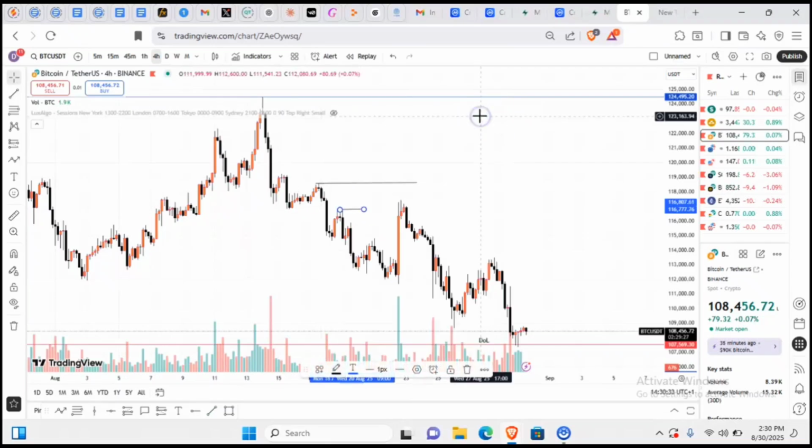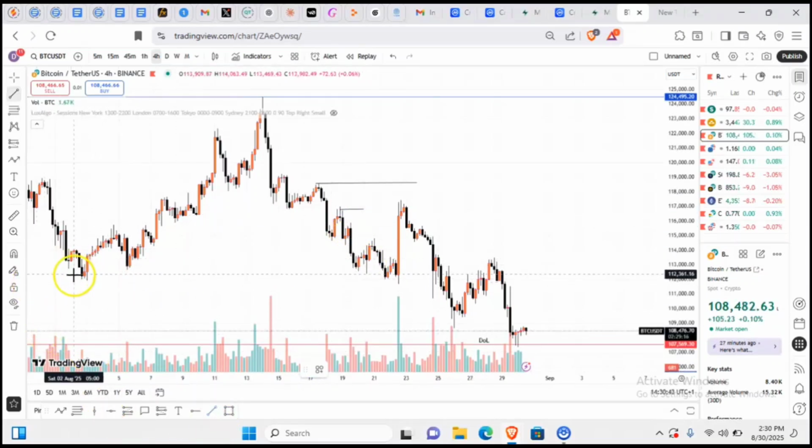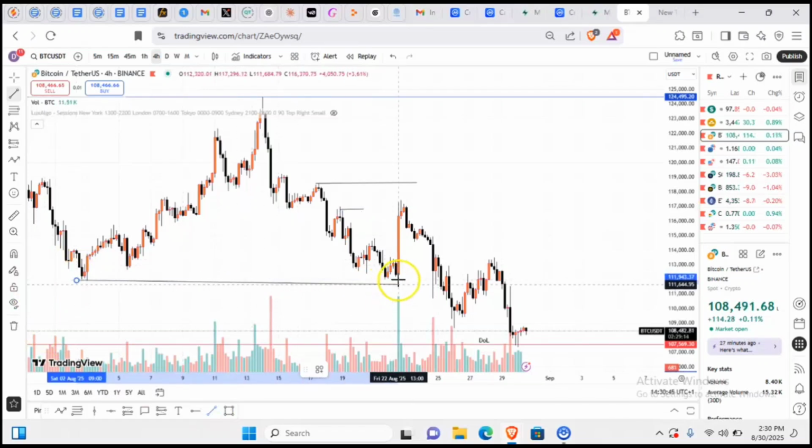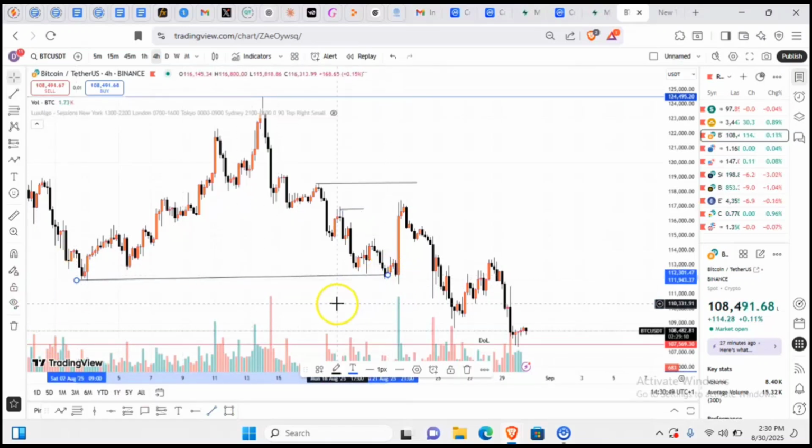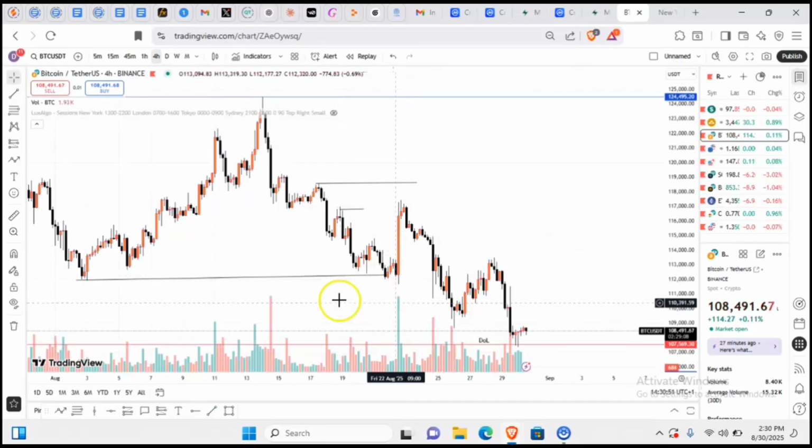But notice what happened. This is our inducement for this protected high. Price came down, got to this level. There's another equal low here. This is a main low here, which we call support. Good. So what do you notice price is doing?